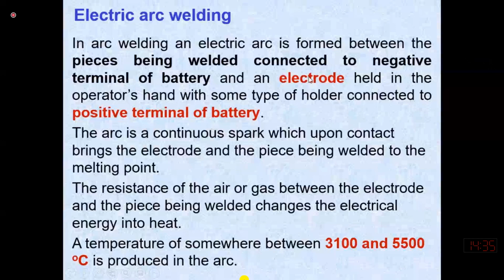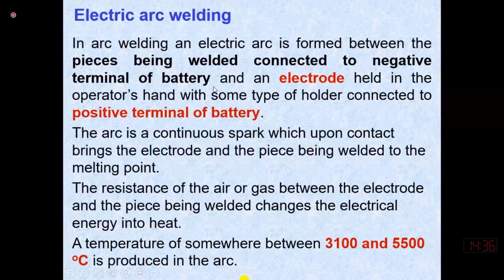So the electrode which is held by the welder is connected with the positive terminal of the battery, and the steel surfaces or the members which are to be welded are connected with the negative terminal. These are connected with a very high voltage battery, and the electrode is brought closer to the pieces which are to be welded. Due to the high potential, the current passes from the positive electrode through the air.